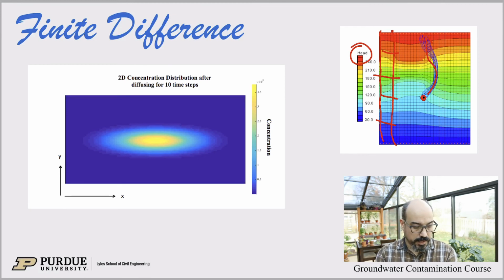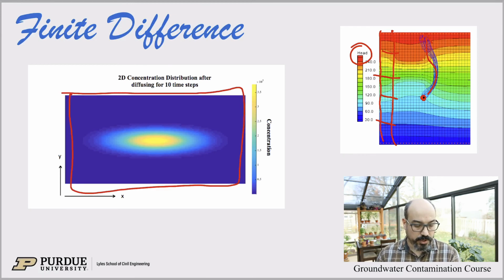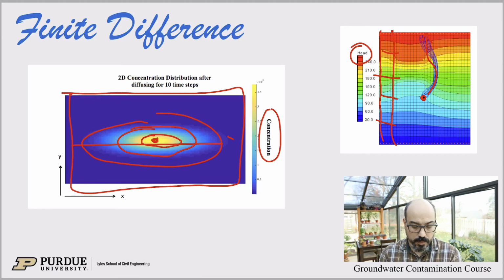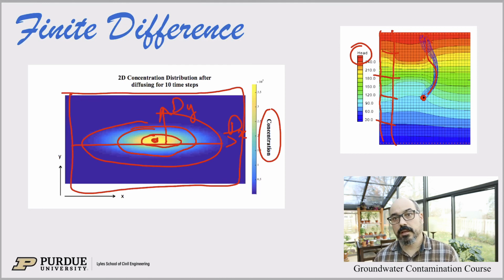We've talked about this. And here you can see a simple 2D domain that I did in MATLAB where you have a concentration. If you have a pulse input right in the middle, you can see that over time it just grows, and there's more dispersion in this x direction than in this y direction. So there's dy, dx, right? This is an anisotropic dispersion.